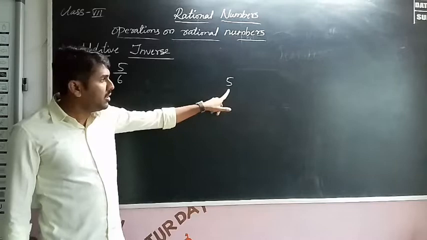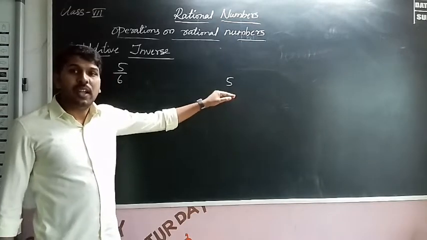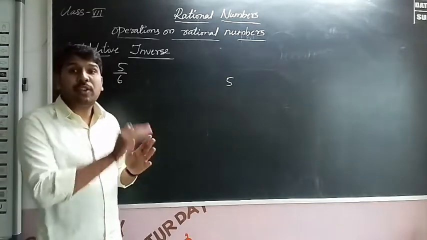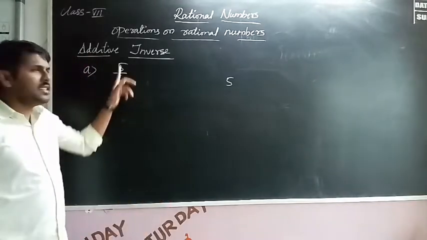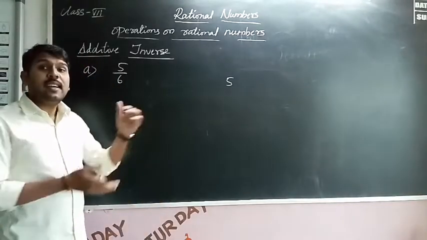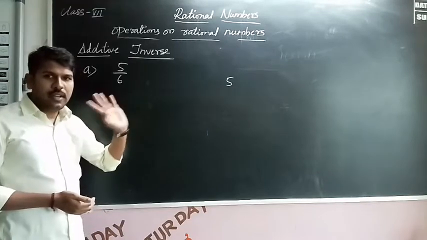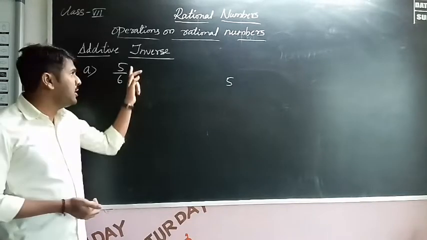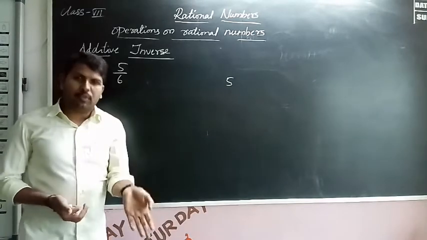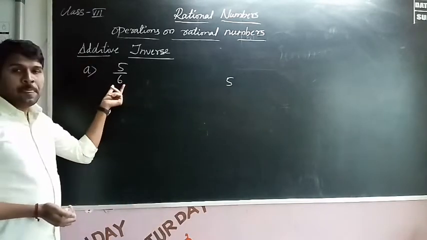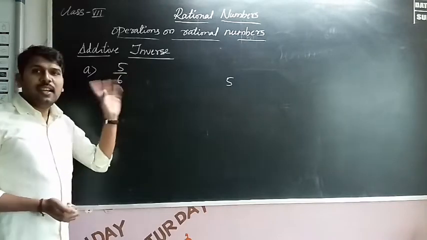How to find the additive inverse of this number? It is the negative of that number. Here a rational number is there, so again take the negative of that rational number. So this is the additive inverse. Later we will get the multiplicative inverse also. So how to find the additive inverse of rational numbers?